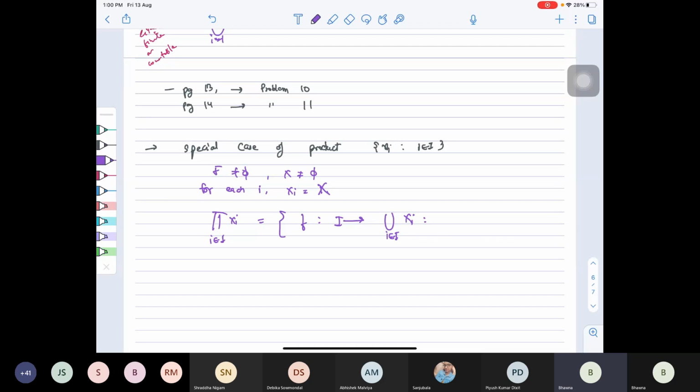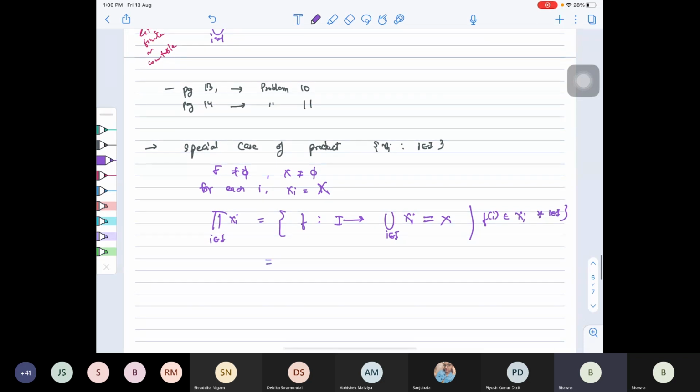But here all the Xi's are X, so the union of Xi is also equal to X. So it just becomes all the functions from I to X. So for the special case when all the Xi's are the same, the product is nothing but the collection of all functions.